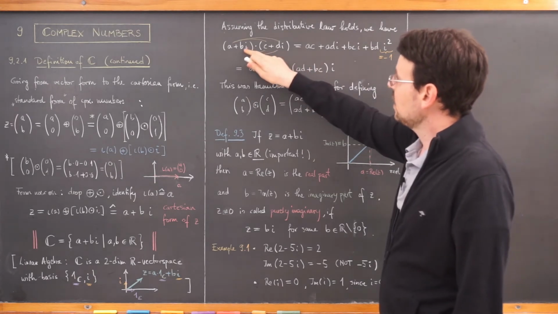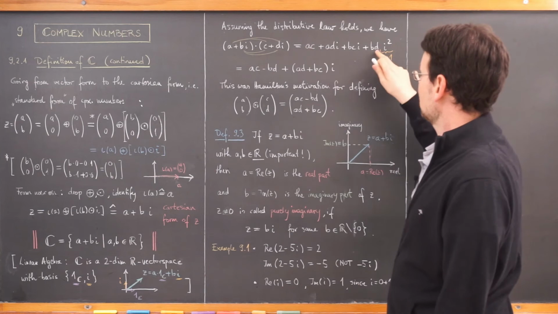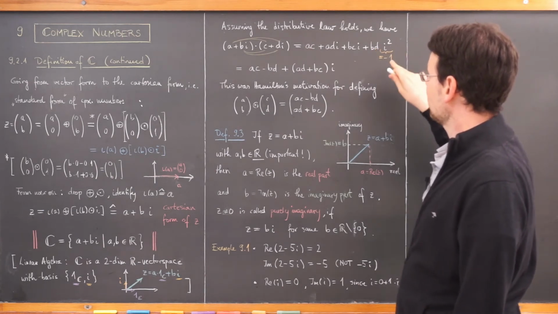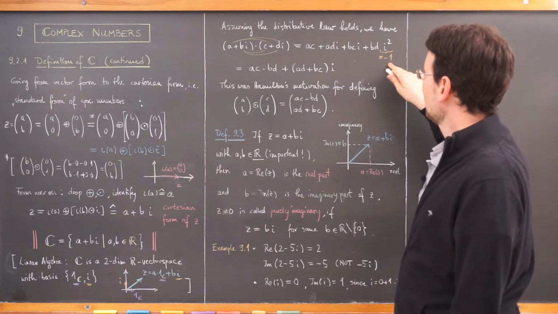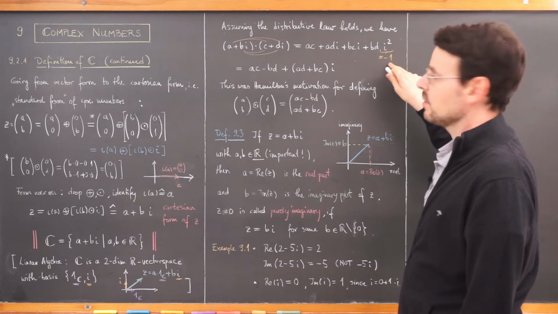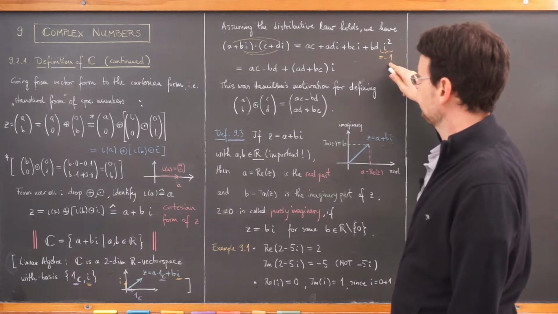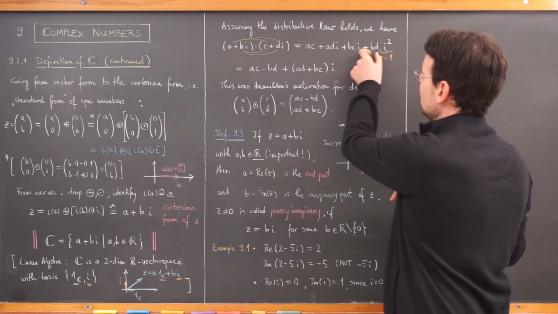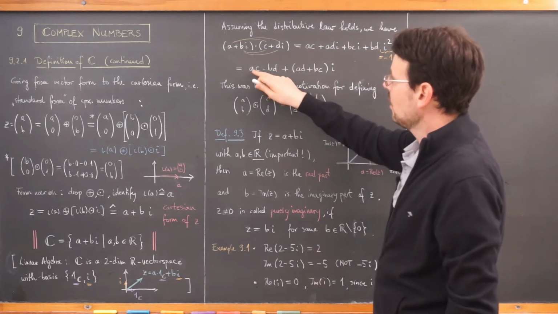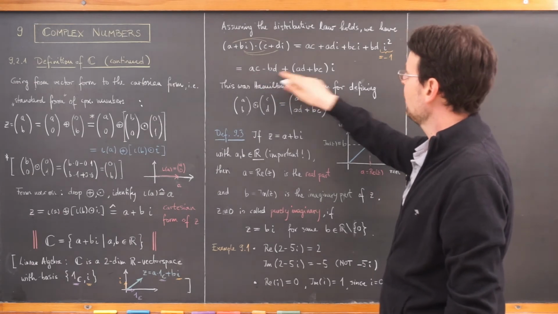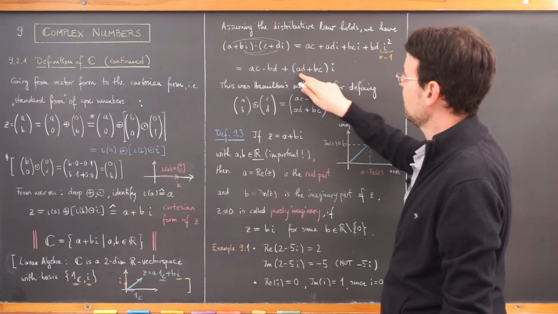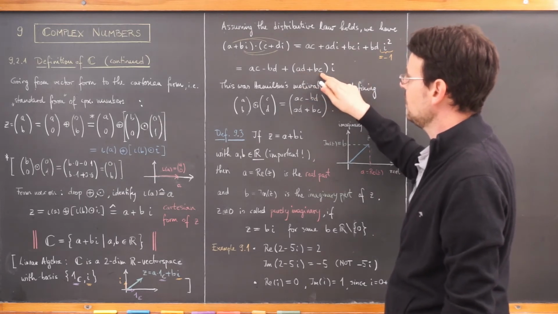And finally b times I times d times I, which again using the commutative law I write as bd times I squared. And now the important observation, of course, is that I squared is nothing but -1. So I can put these two together, they don't have an I, and get ac minus bd, and I can pair up these expressions both with an I and get ad plus bc.